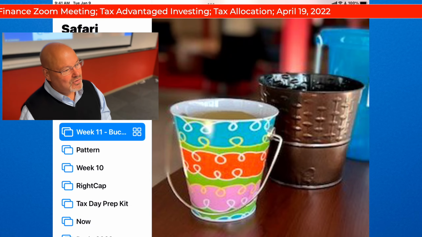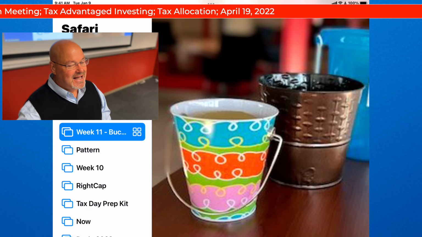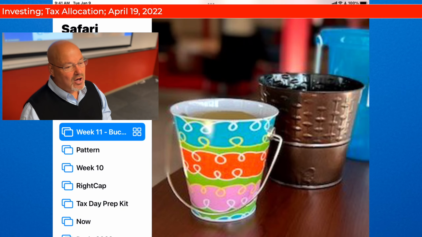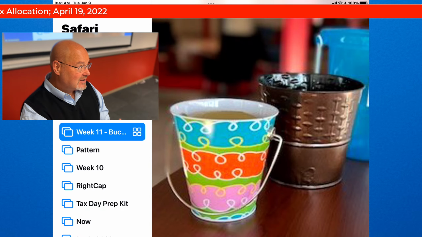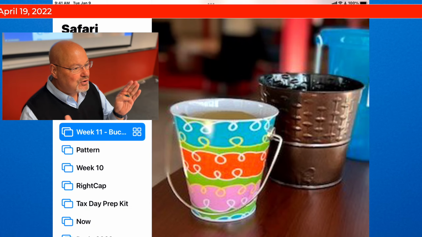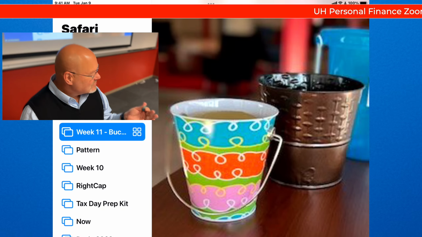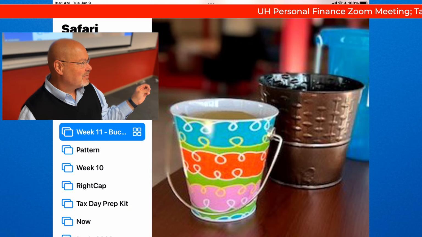Most of the time, your old 401k is going to have higher expenses. And almost always, I would say always, your old 401k is going to have way fewer options. For example, I don't know of any 401ks from most companies where you could buy Apple stock.